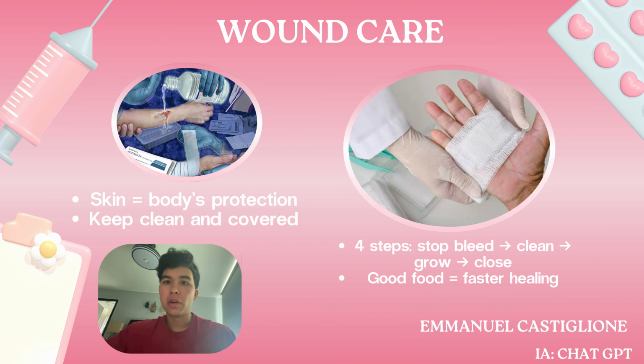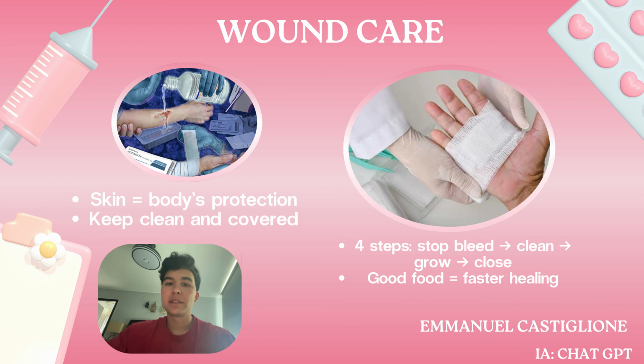The main goals of wound care are to keep the wound clean, protect it from infections, and help new skin grow. Nurses and doctors clean the wound, cover it with dressings, and sometimes use medicine or cream to help it heal. The healing process has 4 steps.